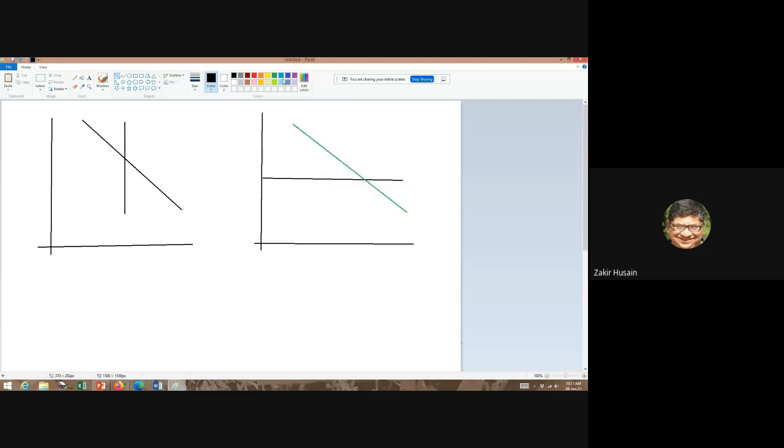Now the second curve. So you can see it's very clear. I'm not completing the diagrams.